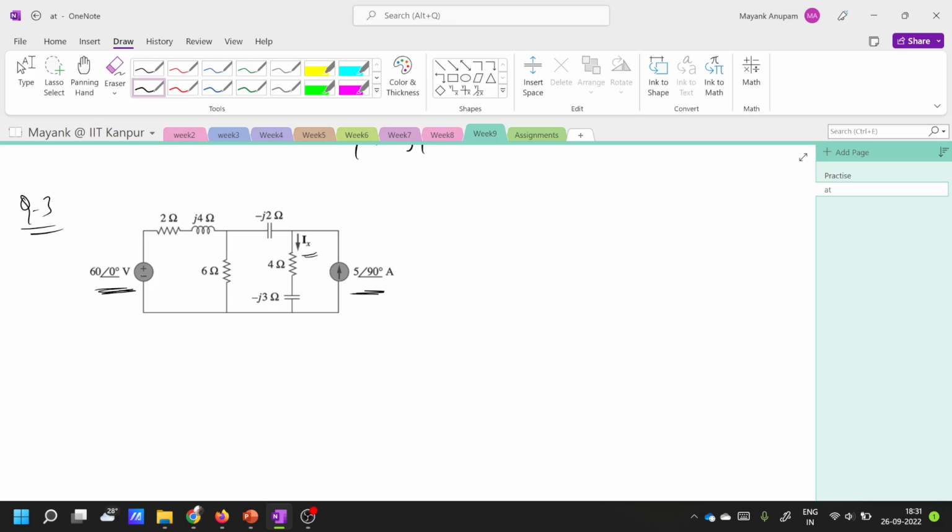Superposition said that the total current here will be the current due to this voltage source only, when this current source is switched off, plus the current due to this current source only, when this voltage source is simply shorted. Fine. So that was superposition.